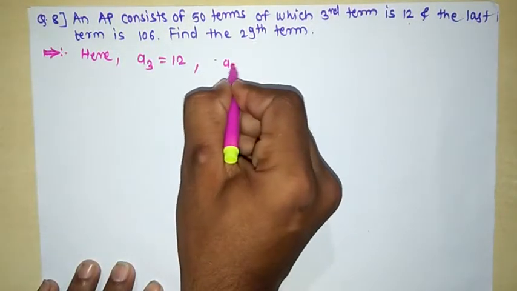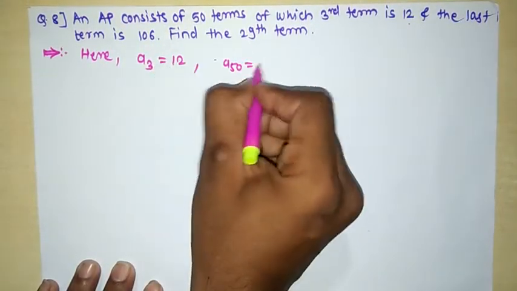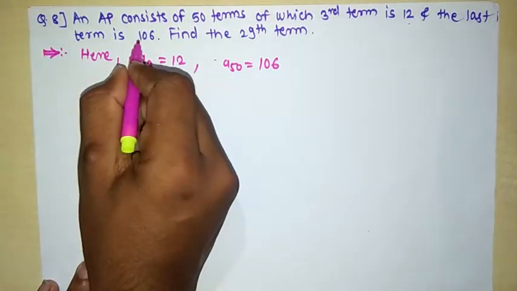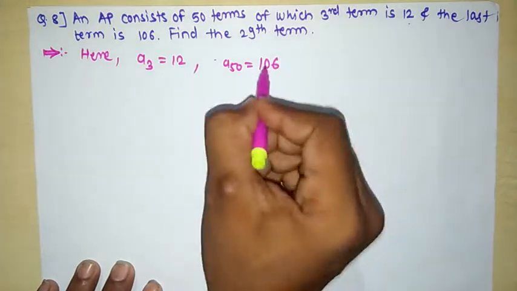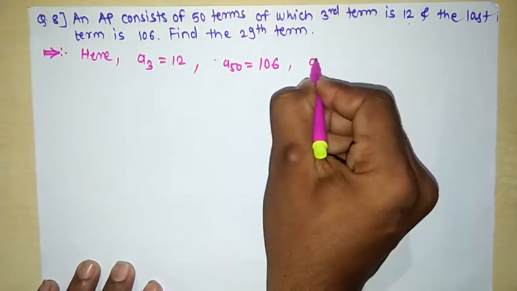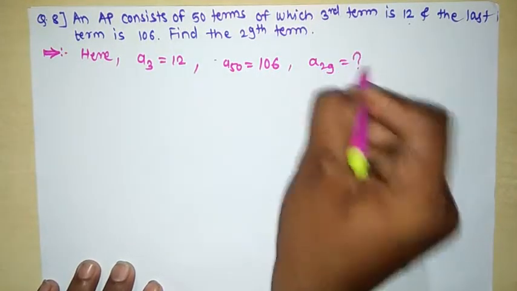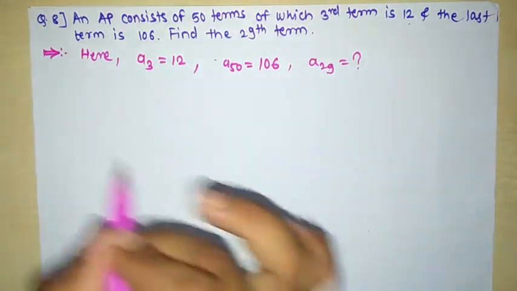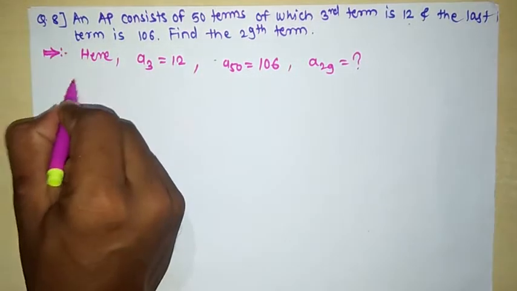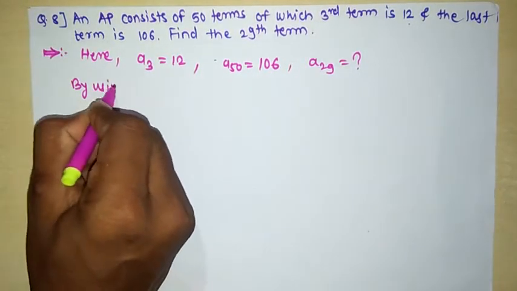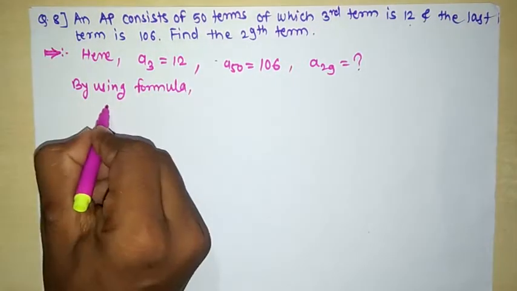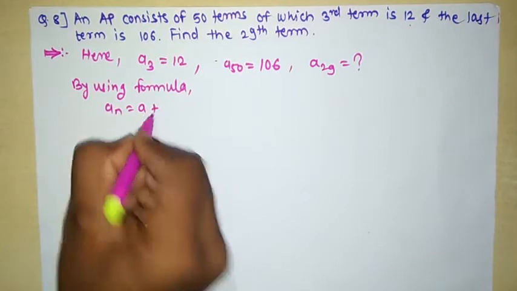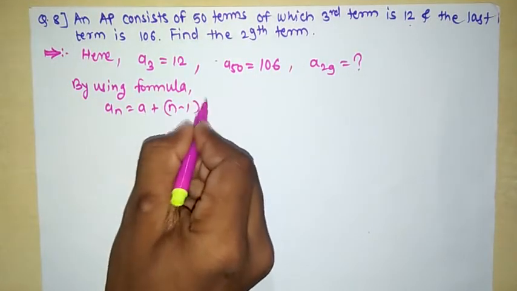Therefore we can write A50 is equal to 106, because the last term is the 50th. We have to find A29, using the formula an is equal to a plus n minus 1 into d.